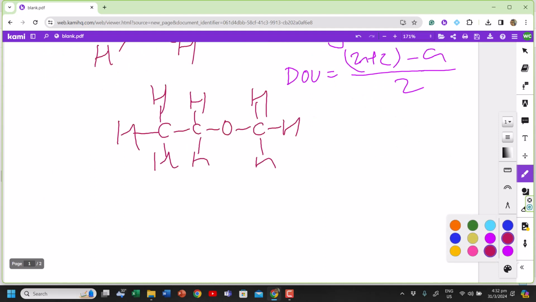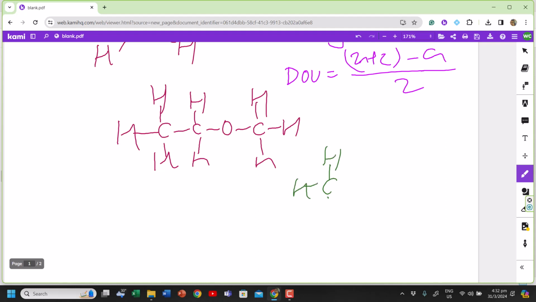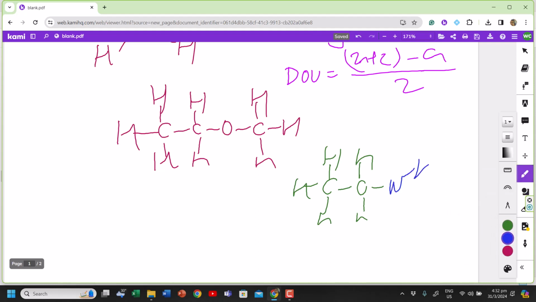What about nitrogen? Nitrogen changes the formula, so you need to account for it. For example, if I have ethane and I change this hydrogen to nitrogen, I'm just going to replace this with nitrogen. You'll notice that the maximum number of hydrogens actually increased by 1.